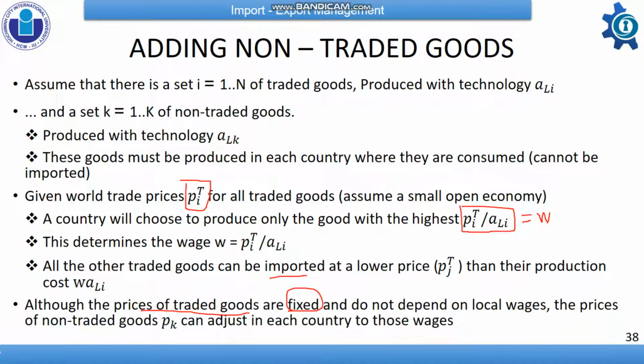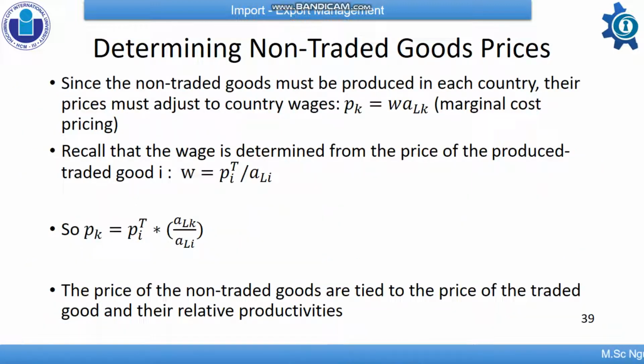However, the price of non-traded goods, P_k, can adjust in each country to those wages. So since the non-traded goods must be produced in each country, they cannot be imported. So the price must adjust to the country's wage. That is, P_k is equal to the wage times the unit labor requirement for producing product k.